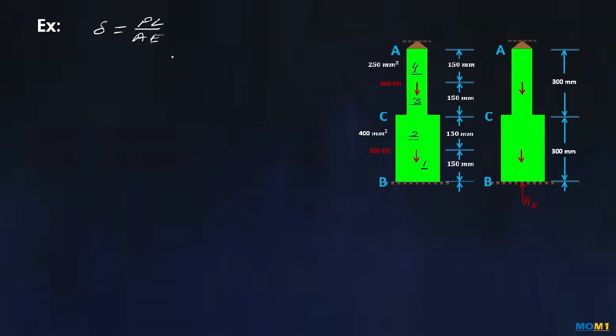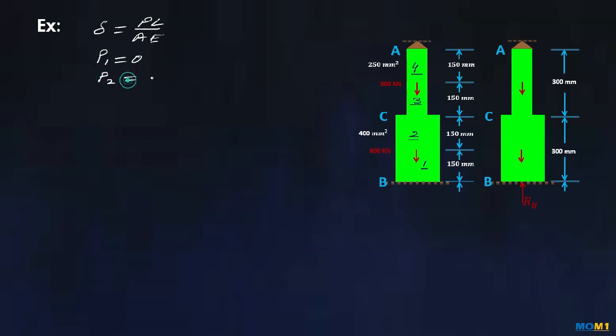E. Now considering the lengths are given and the cross sectional area is also given, so calculate the P for each section. Let's say for P1, since there is no application of any load, this is 0.